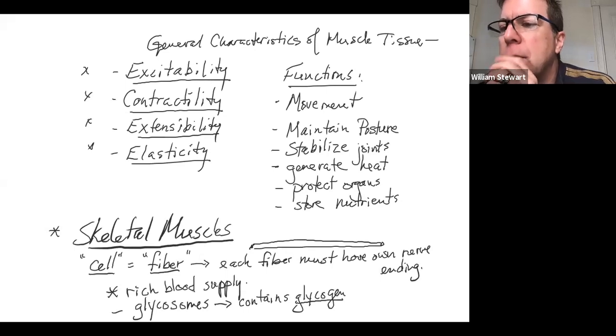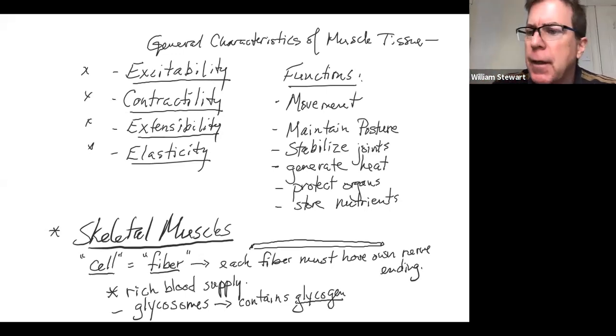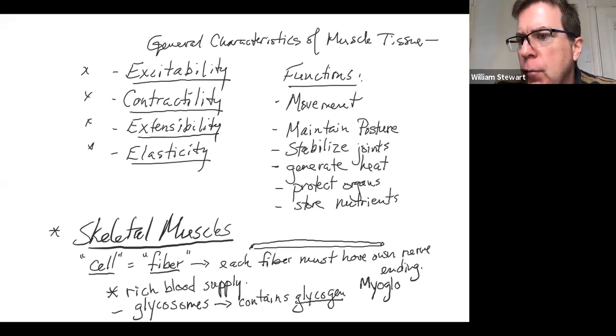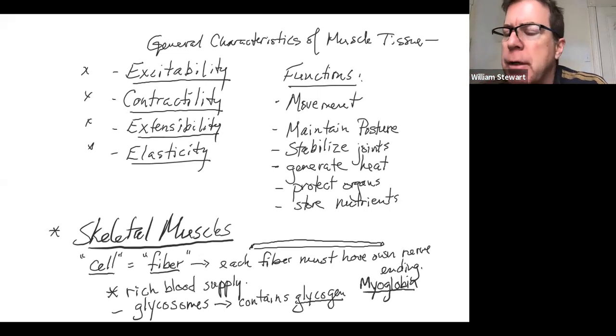The individual glucose molecules are just linked together to form a molecule called glycogen. And finally, before I leave this board, I'm going to write the word myoglobin. We find myoglobin is actually a protein that turns red when oxygen is stored inside of it.